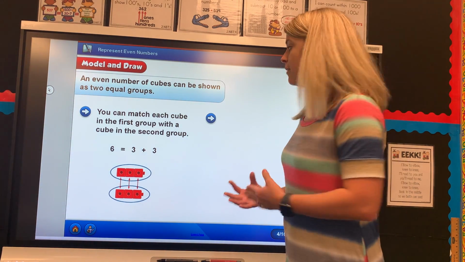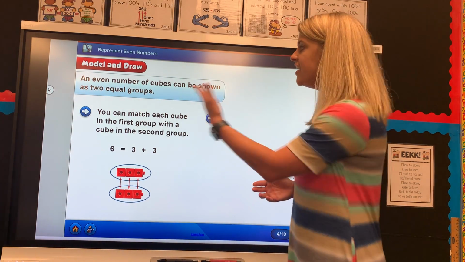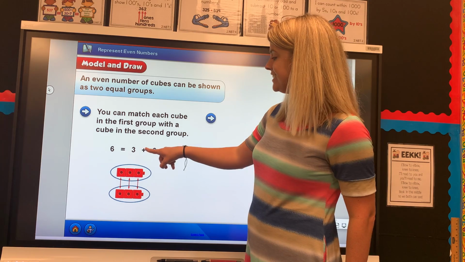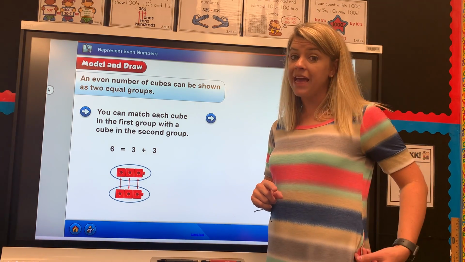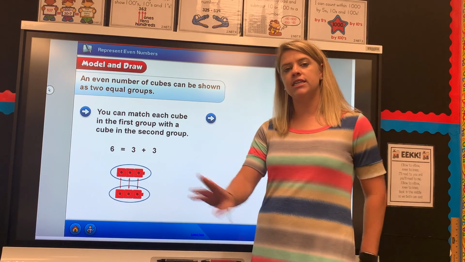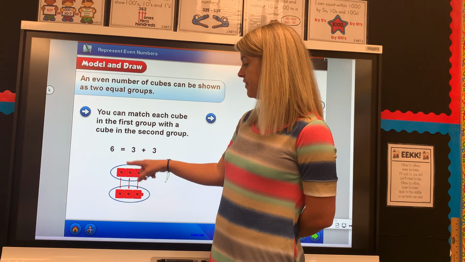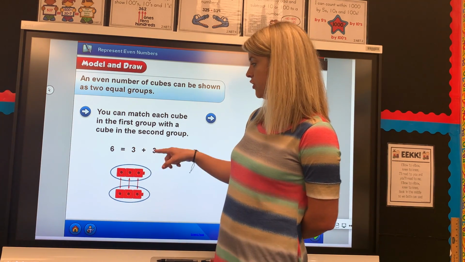Well, what we're doing this time, we have the sum of the problem, which is the answer, on the left, and the add-ins, which are the numbers that we add together, are on the right. It's the same thing, it's just reversed a little bit. So what we did was we know we had 6 total cubes, and that equals 3 plus 3.